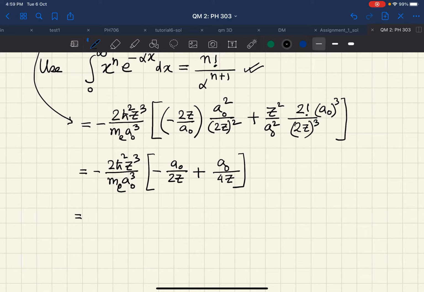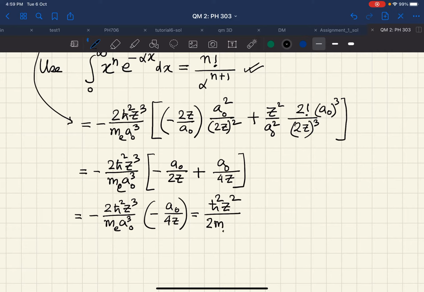Then this is going to give us minus 2 h cross squared Z cube by m e into a0 cube into minus a0 by 4Z, which is nothing but h cross squared Z squared divided by 2 m e a0 squared.